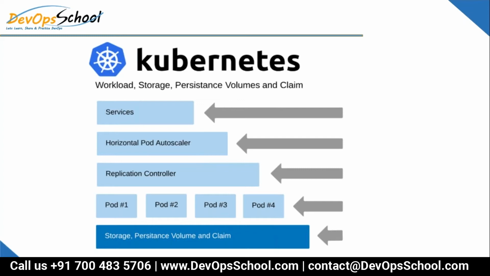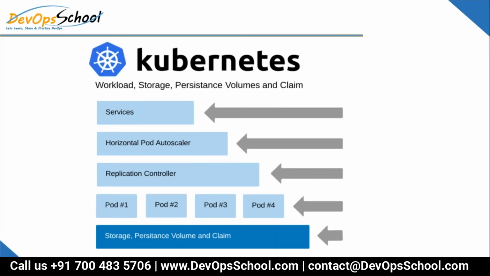Then there is HPA, horizontal pod autoscaler, which I did not talk about yet, and then services. Services, deployment, and pod are done. Now we have to talk about HPA and storage. Two more things which are not here are networking and security. Anyways, I will talk about it.